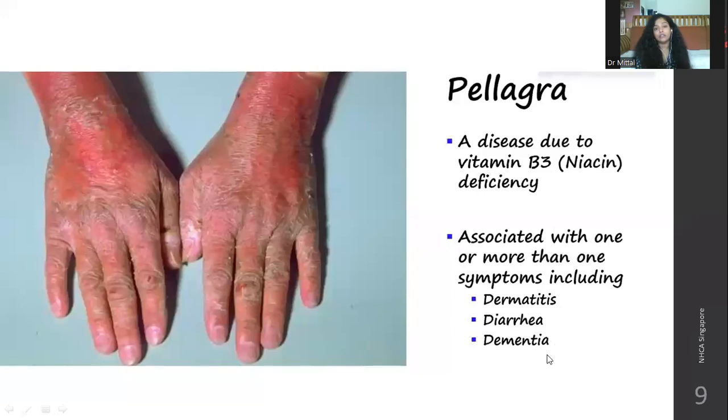In certain individuals, it may just lead up to depression. In certain individuals, it is replaced by depression. But still it is something that starts with D. So for pellagra, you have to remember these three Ds: dermatitis, diarrhea, dementia, or depression.